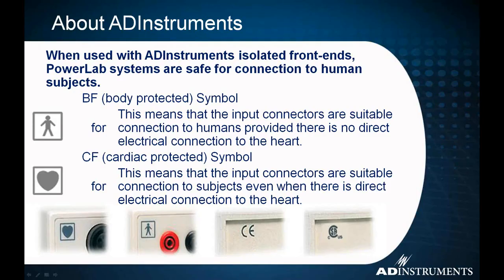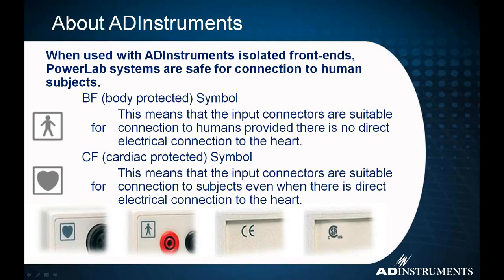Also, about our equipment, what is it approved for? These are the symbols you'll see if your equipment is approved to be connected to a human or for direct cardiac protection. The little stick figure in the box means it's approved to be connected to a human, as long as there's no direct electrical connection to the heart. A lot of you will see this on our bioamps and a few of our other amplifiers.